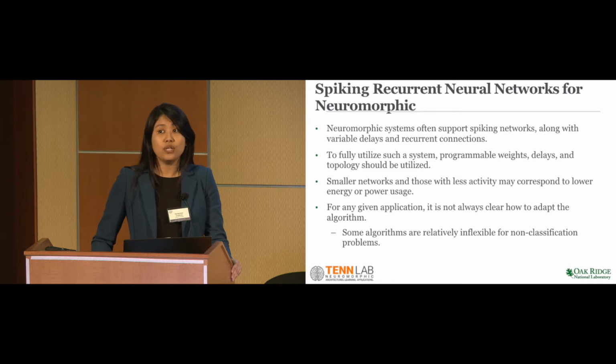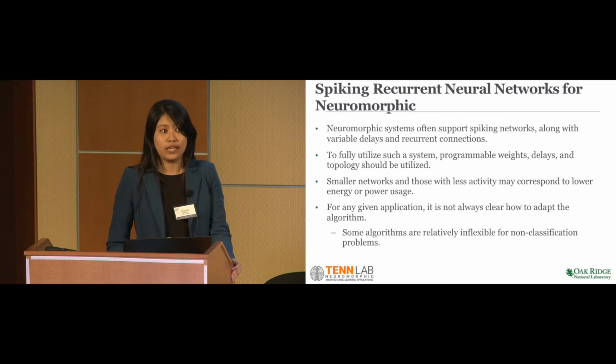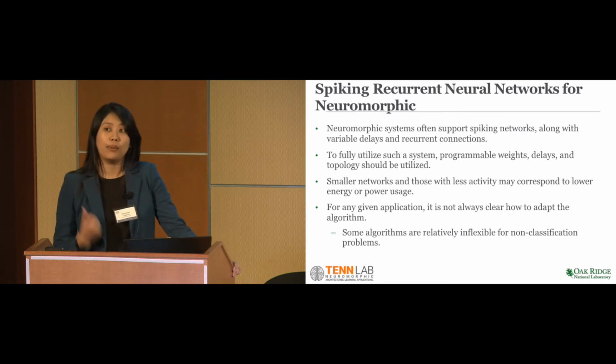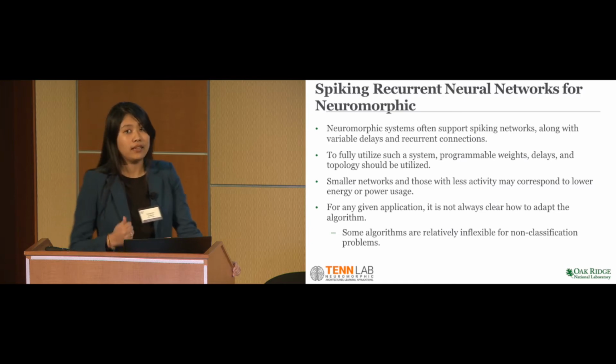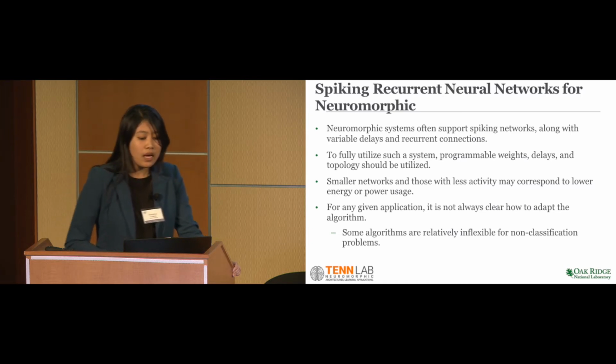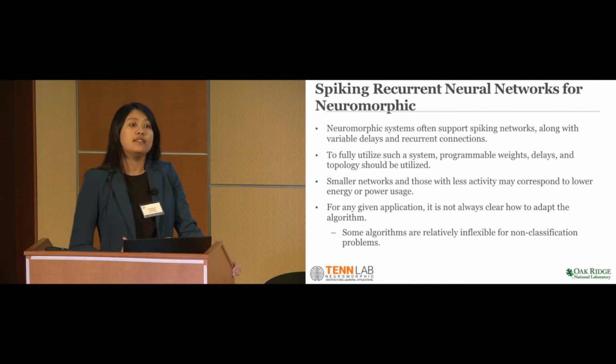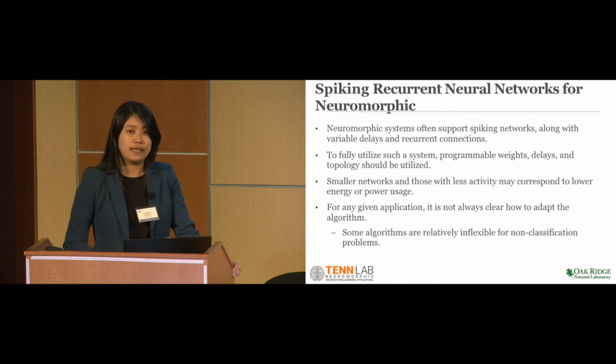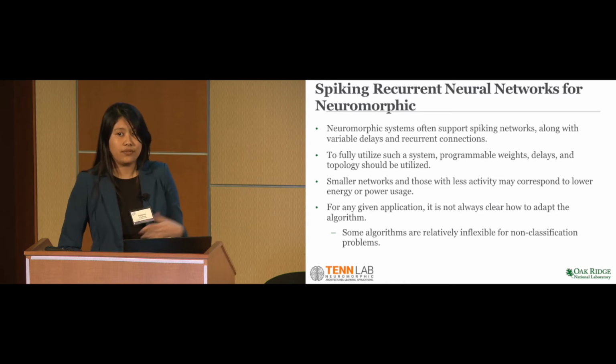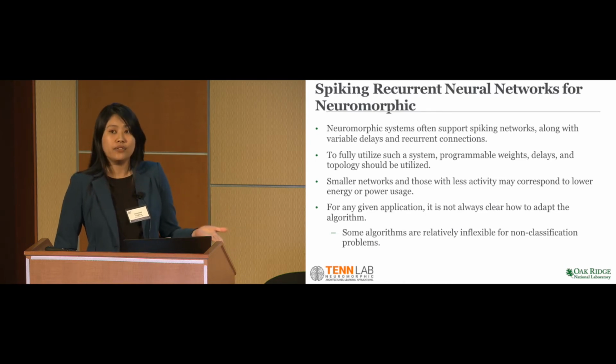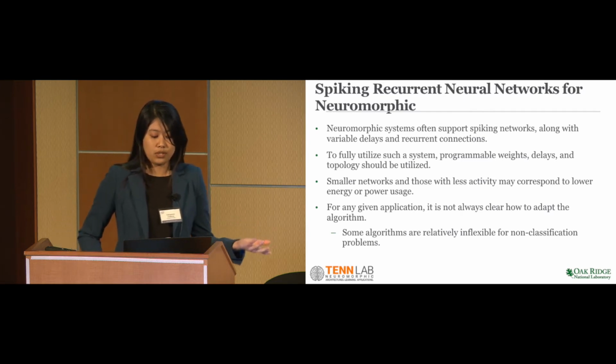But if we want to utilize the topology fully, we have to utilize the programmable weights, delays, and the recurrent topology. In this work, we are considering smaller networks in a sense that if we use smaller networks, the activity will be less, and that less activity will mean less energy and power usage.